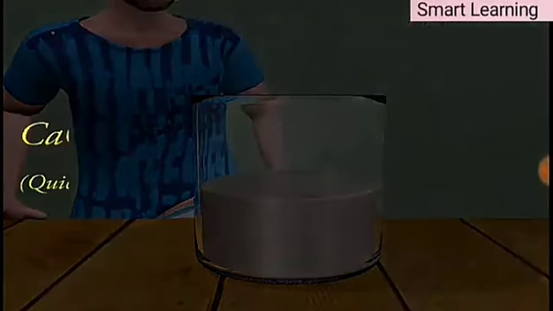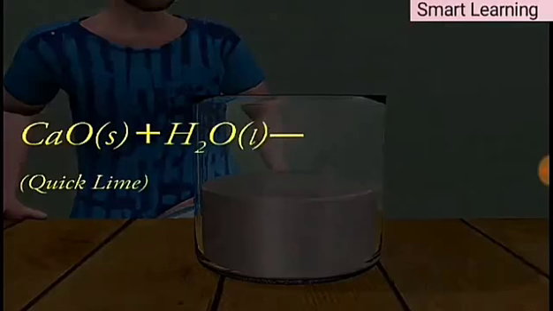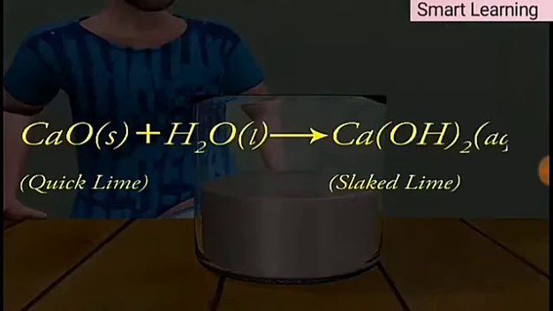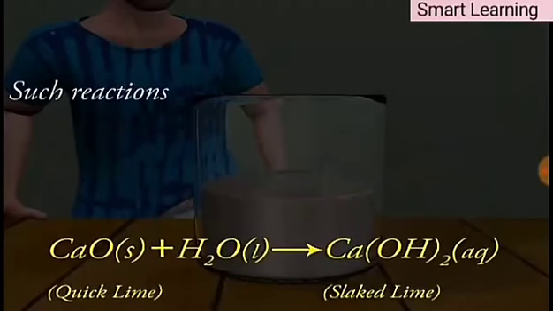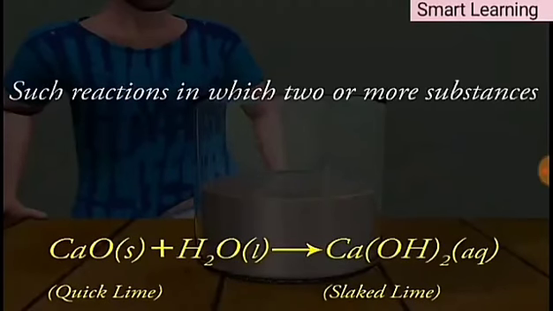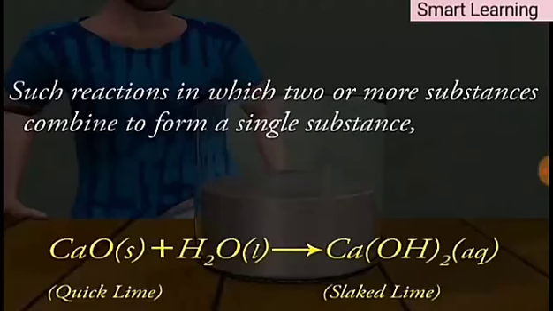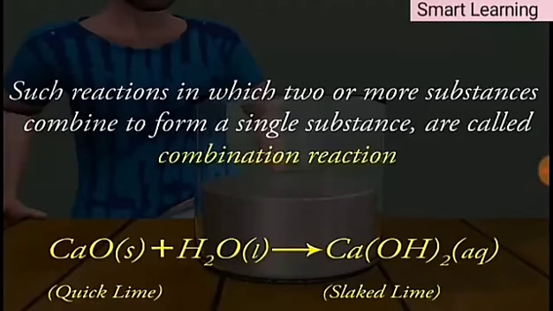In this reaction, CaO and H2O combine to form a single product, that is Ca(OH)2. Such reactions in which two or more substances combine to form a single substance are called combination reactions.